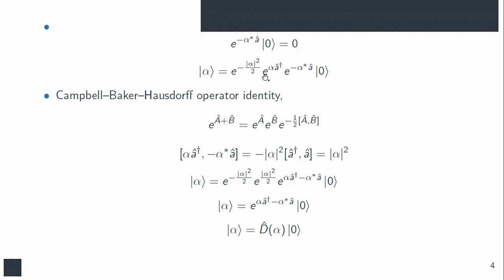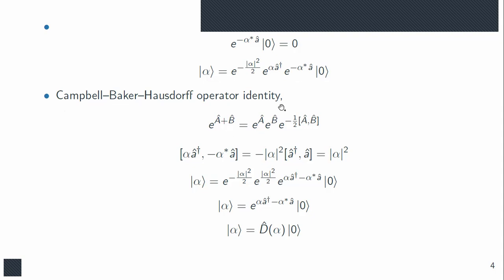Still, it is not a single operator. It is a product of operators. In order to make it a single operator, we are going to use the Baker-Campbell-Hausdorff operator identity.